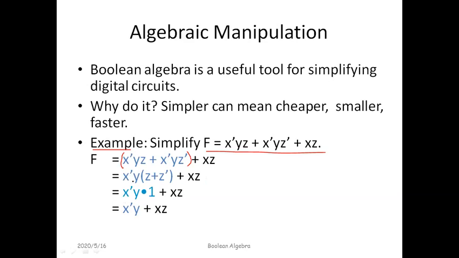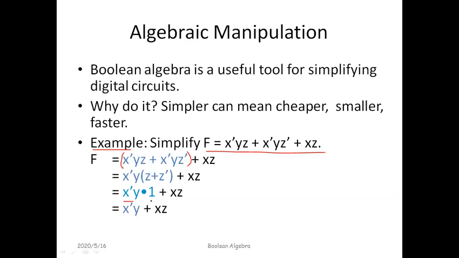Then here, x prime y dot 1, this is an AND gate. An AND gate that is drawing inputs from another AND gate and from some circuit that may be giving a 1.